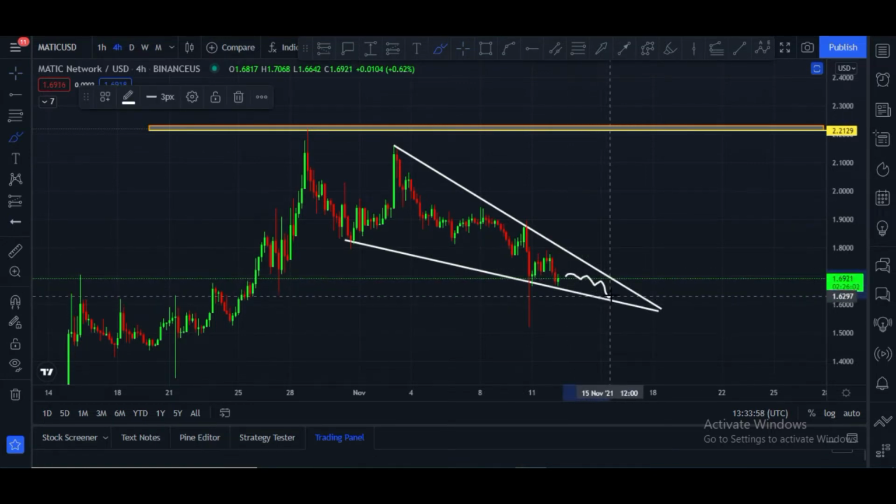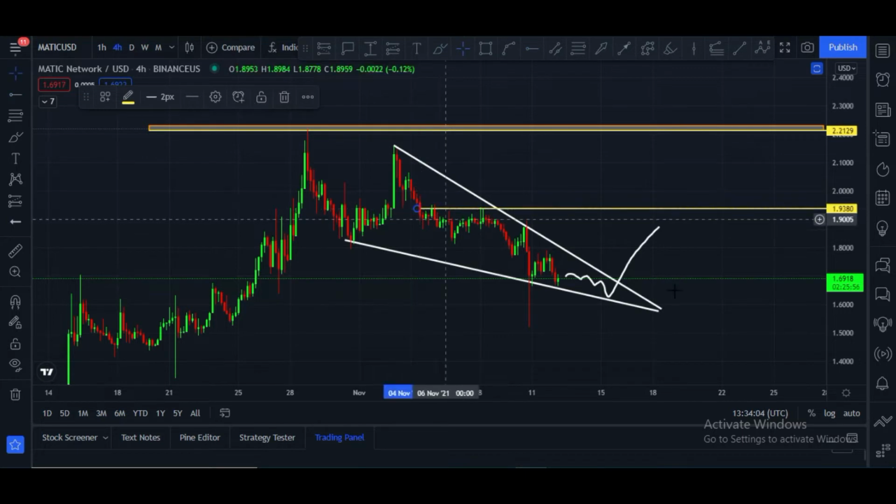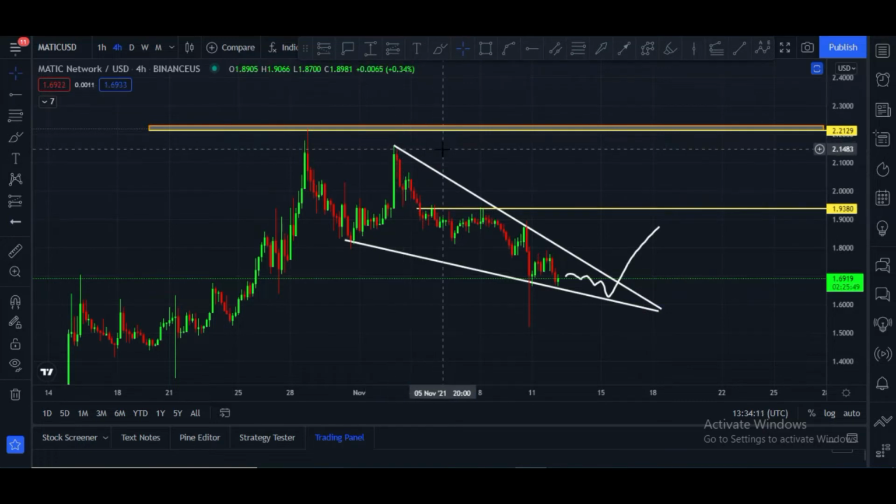Once price breaks this, our first resistance to break is at the $1.90 to $1.93 price area. After that, the target will be the beginning of this triangle, at $2.15.